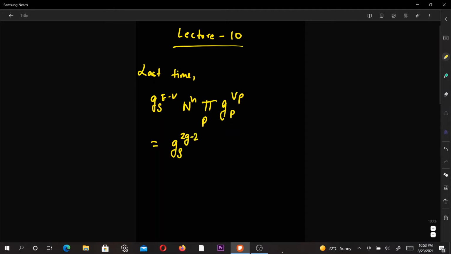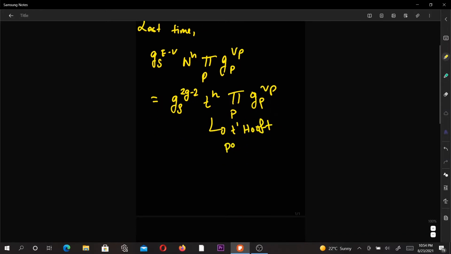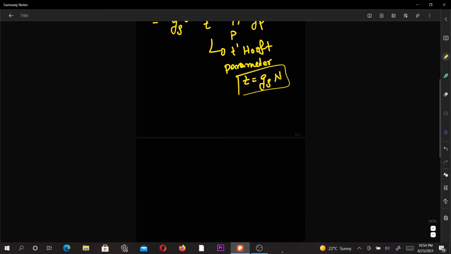Using an expression of Euler characteristic, we can reorganize this into something like this, where T is the parameter and it's equal to... So we can organize or compute different quantities in the matrix model arena in terms of fat graphs.